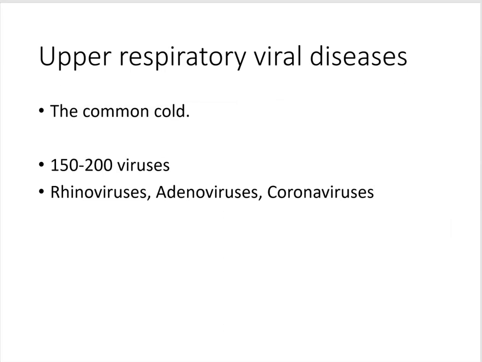I don't know if you caught my lecture on where the signs and symptoms come from in the common cold, but the take home from that is that they are related to the innate immune response, while it's the adaptive immune response that actually fights off the virus. So the adaptive response is what ends the common cold, but the innate response is what you notice because it gives you the signs and symptoms.